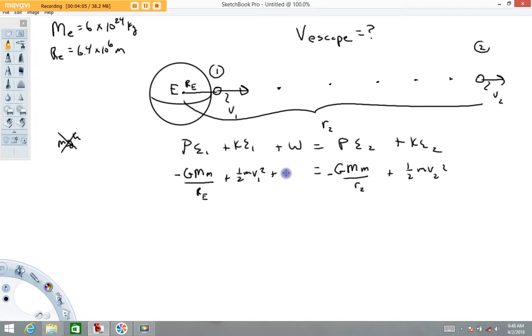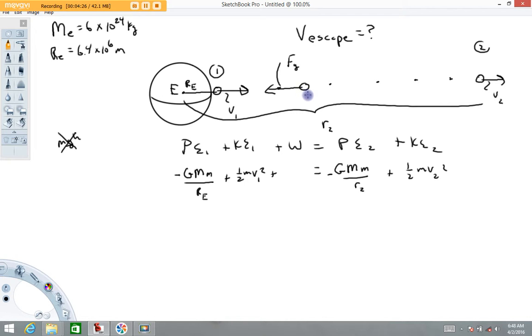Let's go back and talk about that work term. If we picture a free body of this object, just generic, somewhere in the middle here, there's only one force, the gravitational force, the force of gravity. And it would be to the left in my picture. There's no other forces.